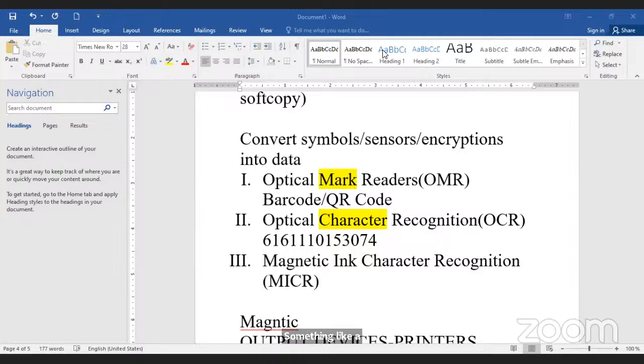It has some marks on it, some labels on it that have some QR codes, so that a scanner can scan and interpret. And magnetic ink character recognition usually uses a special magnetic ink for it to be detected by magnetic sensors. That's from George. That's wonderful.